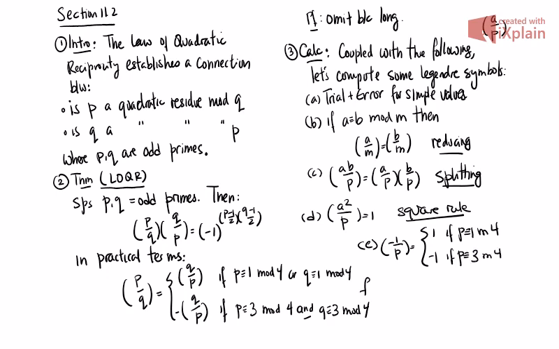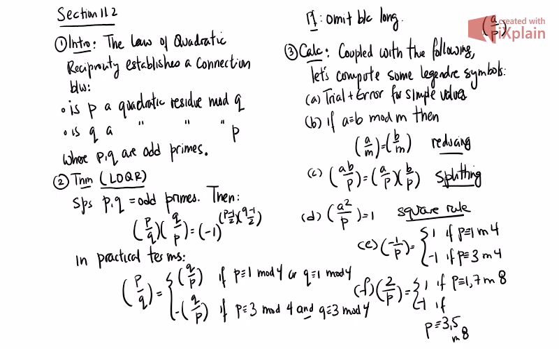And then F: 2 over p is 1 if p is congruent to 1 or 7 mod 8, and negative 1 if p is congruent to 3 or 5 mod 8.